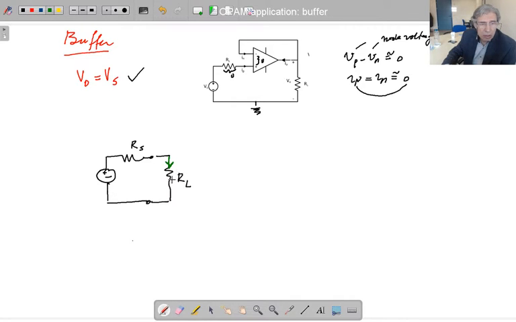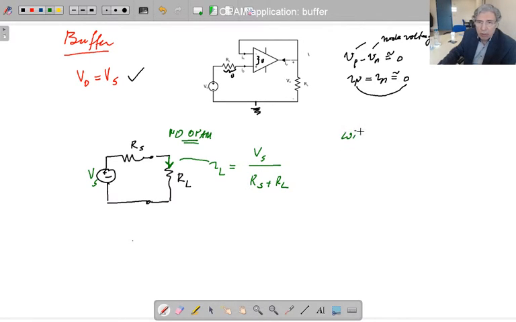Since these are serially connected, that IL current is equal to Vs over Rs plus RL. So what we have proved, this is without an amplifier, let's say this is no op-amp.